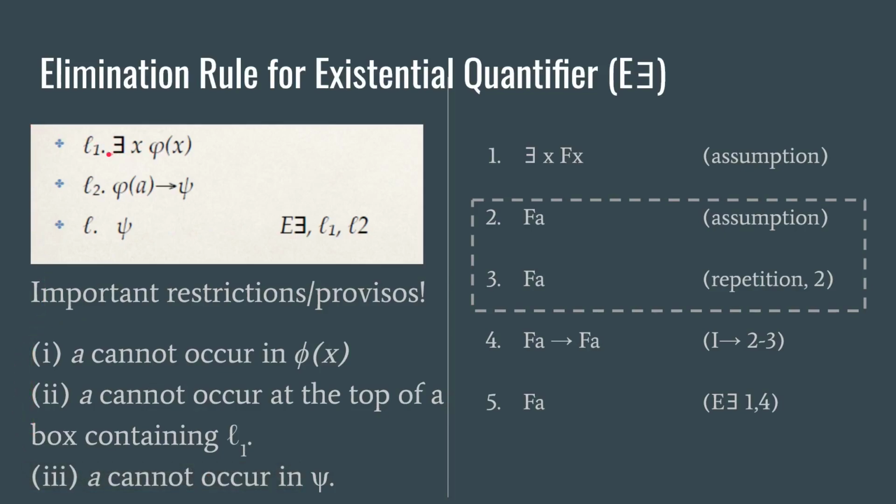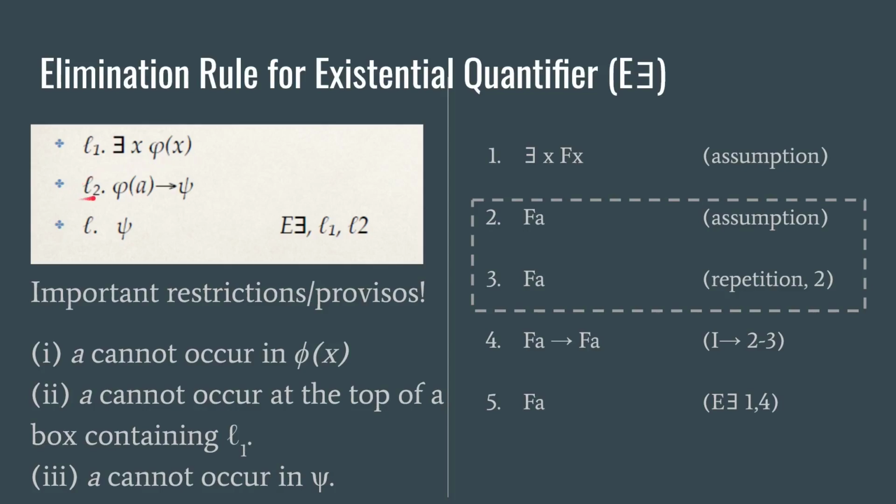What is the elimination rule for the existential? Well, it's when you have an existential quantifier on a line and you want to take that existential quantifier away. You need two ingredients in order to use the elimination of the existential rule. The first ingredient is an existentially quantified statement, as on line L1.